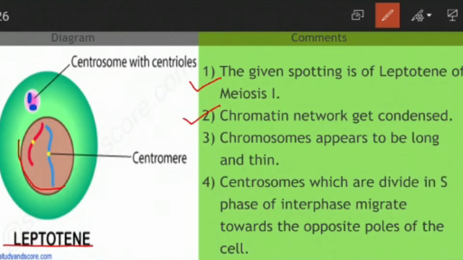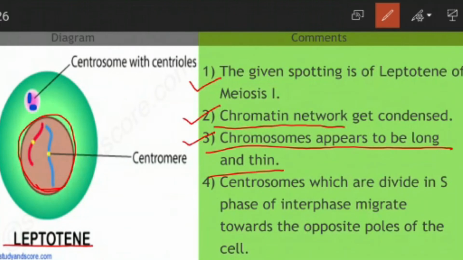Here inside, the chromatin network gets condensed. Chromatin network means the proteins and the DNA, everything, they get condensed. And the shape of the chromosome, how the chromosome appears: the chromosome appears to be long and thin. Whatever is visible in this diagram, those many points you are supposed to write. First, the chromatin network gets condensed.